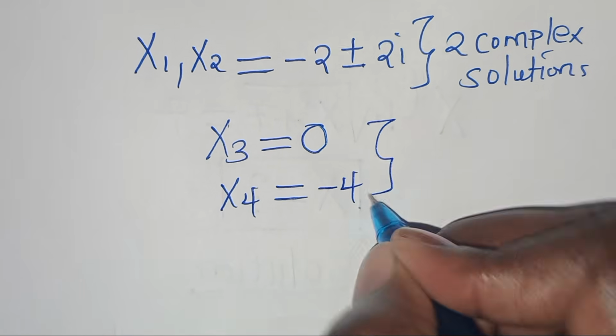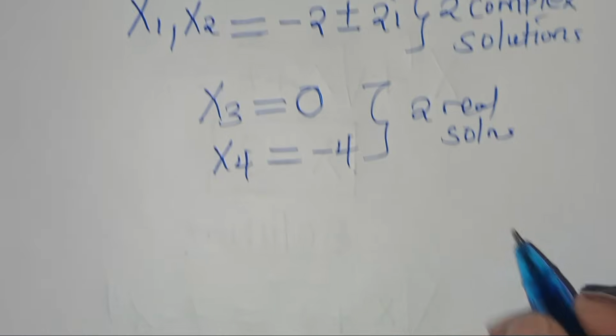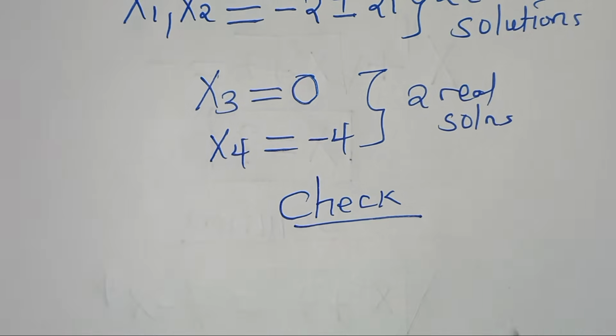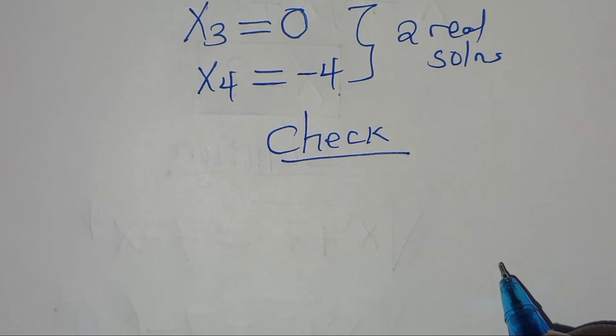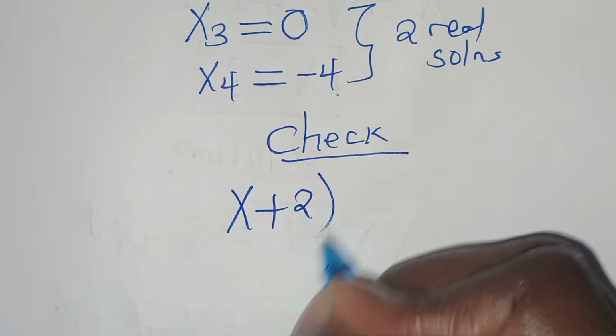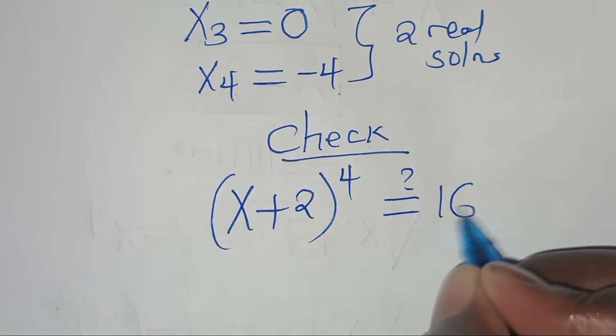Remember, these are two real solutions. Now let's check if these two real solutions satisfy the equation. If you recall, we have (x+2)^4, which should give us a value of 16.